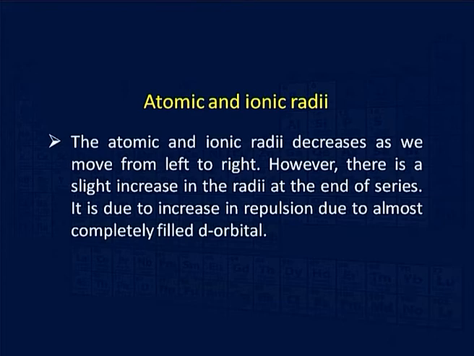In fact, in the second and third transition series, the last 3 elements have 4d10 or 5d10 electronic configuration. Because of the fully filled d orbital, there will be repulsion among the electrons, which causes a slight increase in atomic as well as ionic radii in these elements.